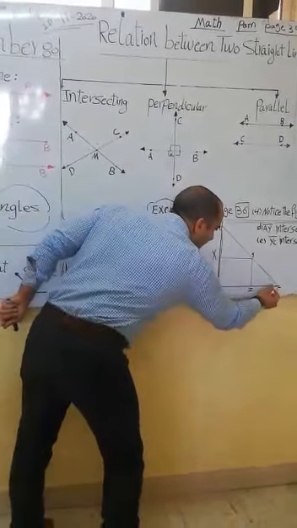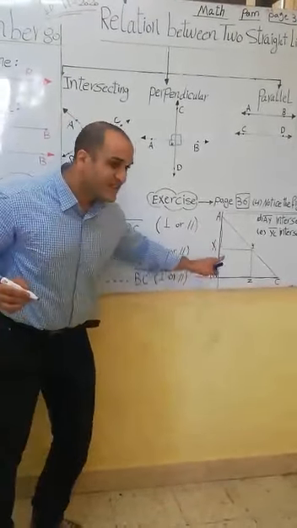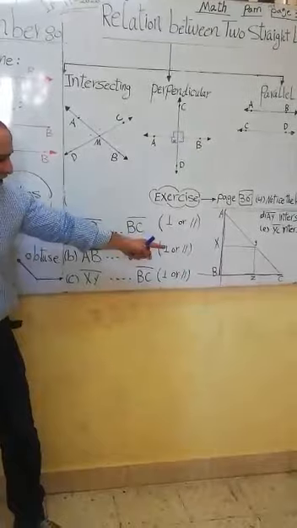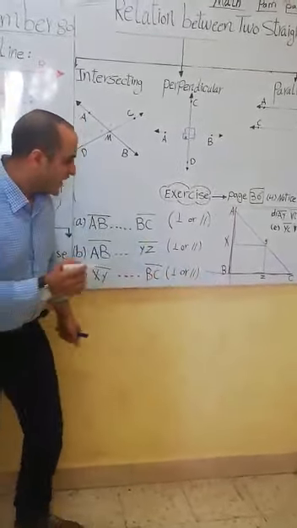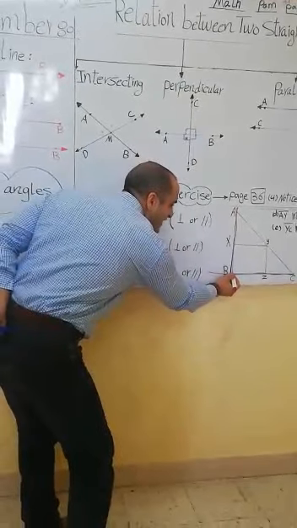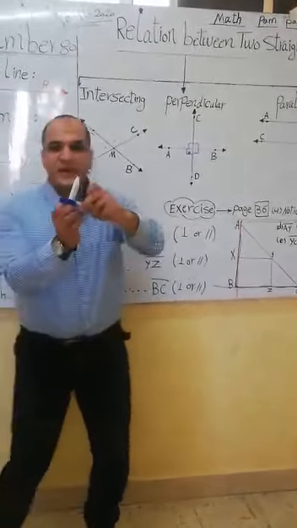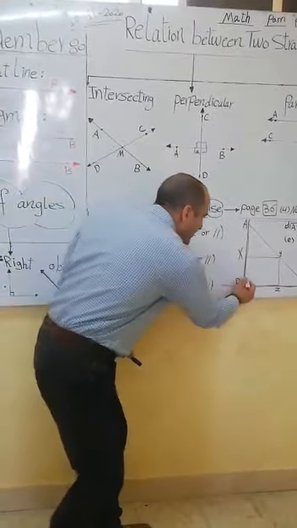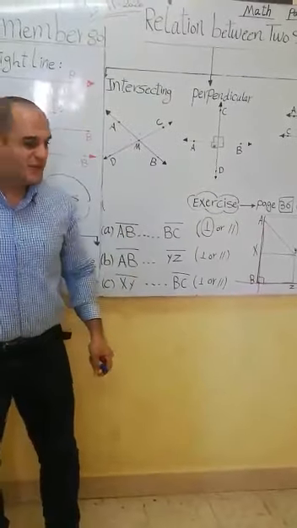And I will extend the line to this line. What do they make, perpendicular or parallel? They intersect at B. Then they are perpendicular and make a right angle.